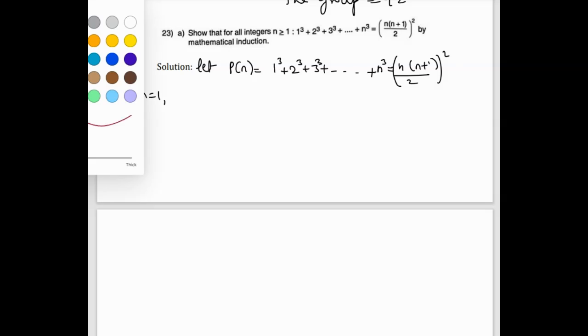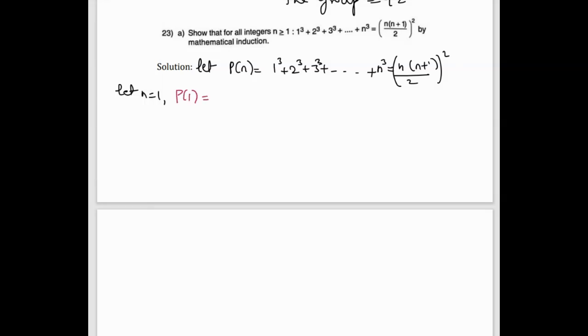Then let n is equals to 1. So if n is equals to 1, we have P of 1 will be 1 cube, that is 1 cube equals 1 into 1 plus 1 divided by 2 whole square.